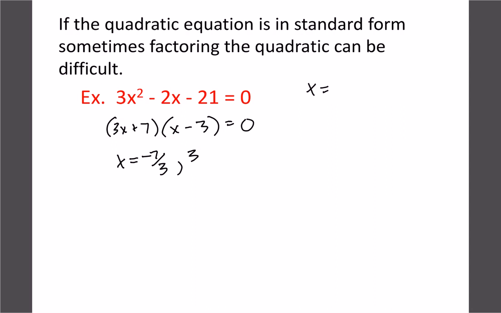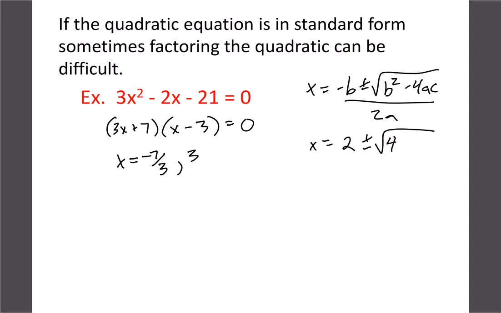So our formula is minus b plus or minus the square root of b squared minus 4ac all over 2a. So if we plug all of our numbers in, minus b would be negative negative 2, which would be positive 2. B squared will be 4, and then we get minus 4 times 3 times negative 21. And all of that divided by 2 times a, which would be 6.